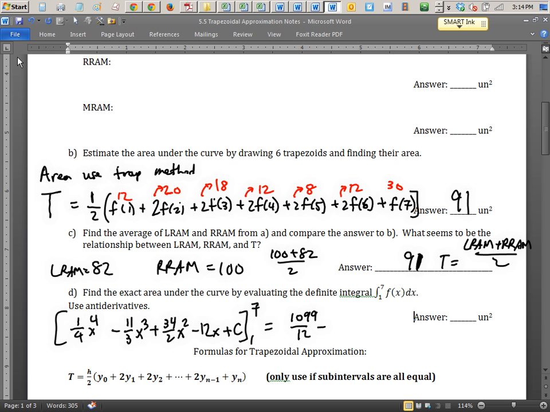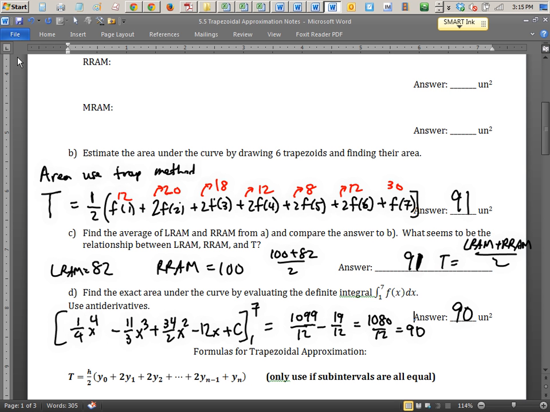And if you plug in the 1, you end up getting 19 over 12, which gives you 1080 over 12. Which is actually the exact answer, and there's no approximation to it at all. The answer is exactly 90, in fact. 90 on the money.